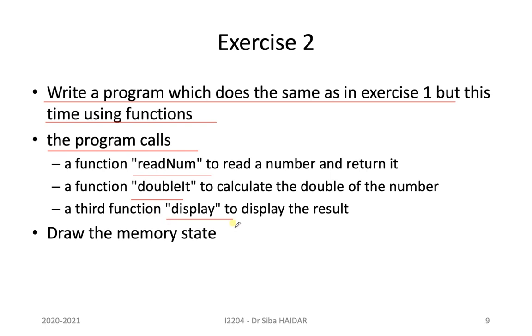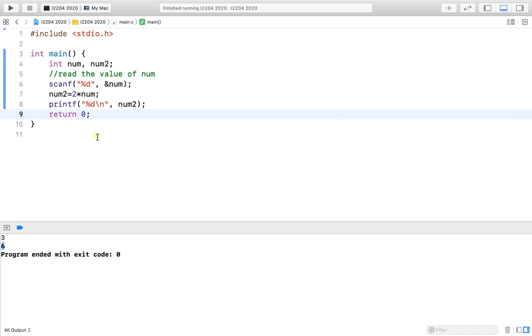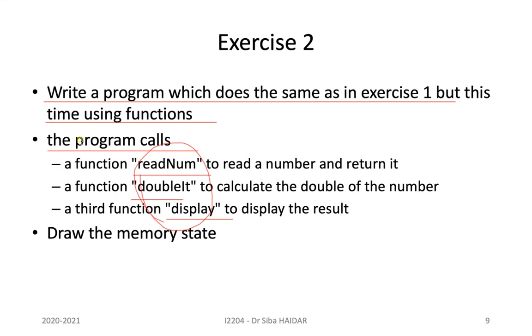Again, you will say this is very easy. It really doesn't need 3 functions to do it. We had only the main and it did the job. But we are taking easy examples in order to slowly introduce the concepts we are learning.